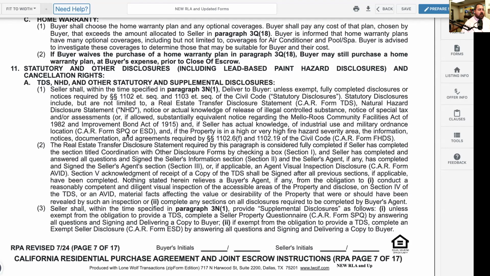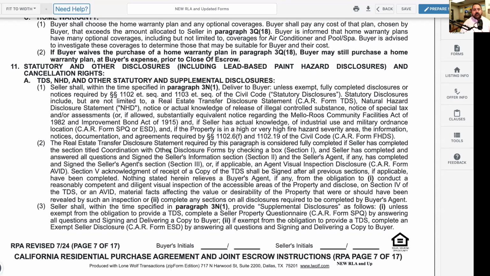So these are all the things that are required by the state of California, statutory disclosures, to be delivered to the buyer, and they cannot be waived. There is nothing you can do to waive them. They have to be delivered.